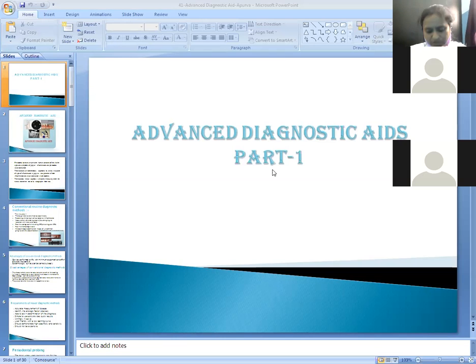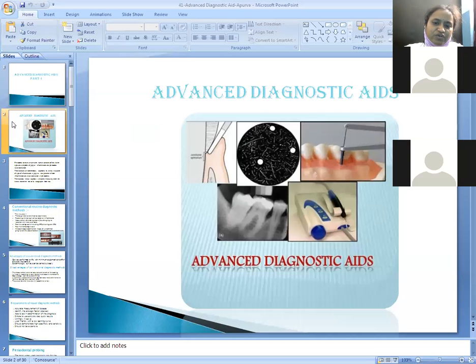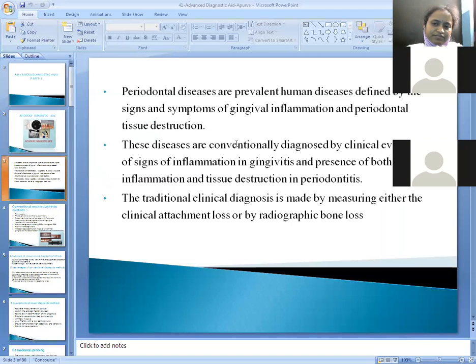So we are going to discuss the manual instruments and the advancement in these instruments. Which instrument do we use? Any one of you? We use a periodontal probe, right? Yes, probe. For furcation, we use a different one, like Nabers probe.